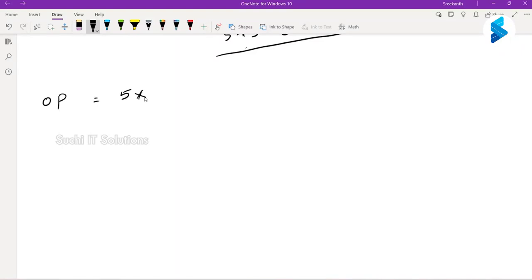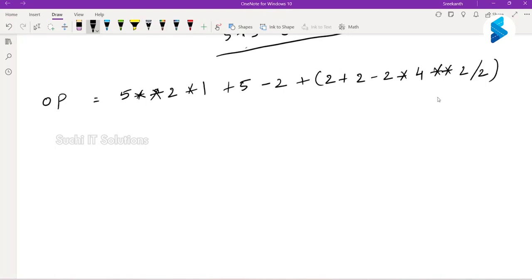5 star star 2 star 1 plus 5 minus 2 plus 2 plus 2 minus 2 into 4 into 2 by 2 plus 4 star star 2. What is the output for this?